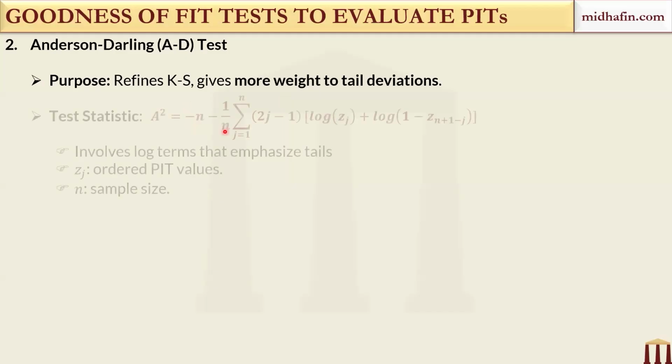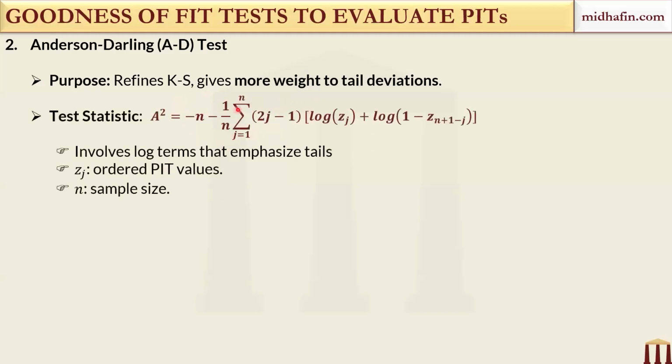So you will see this statistic in this slide. It looks more complicated than the KS, of course, because it involves logarithmic terms that emphasize tail differences. And just like earlier, Z is the ordered PIT values, and N is the sample size. So what's good about AD?